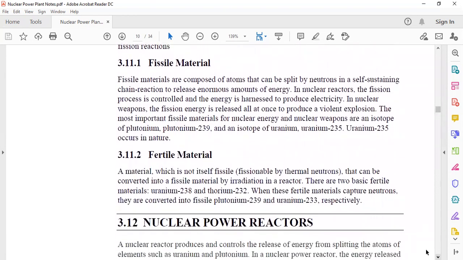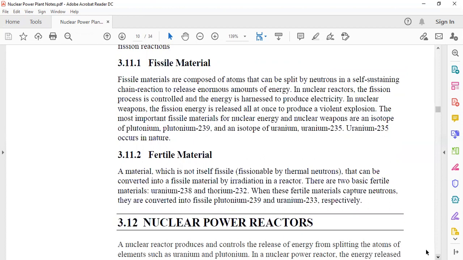Fissile materials are composed of atoms that can be split by neutrons in a self-sustaining chain reaction to release an enormous amount of energy. In nuclear reactors, the fission process is controlled and the energy is harnessed to produce electricity. In nuclear weapons, the fission energy is released all at once to produce a violent explosion.